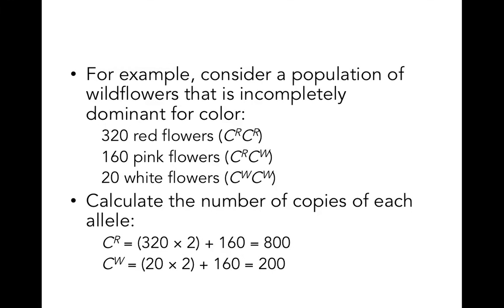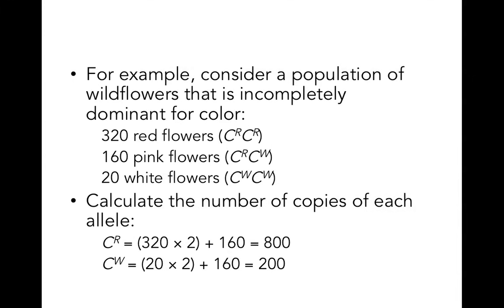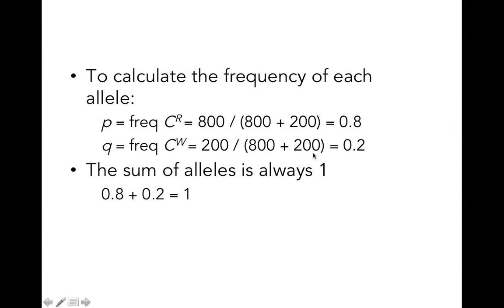Now we know the frequency of the C superscript R allele is 800 over the total number of alleles, which is 0.8.